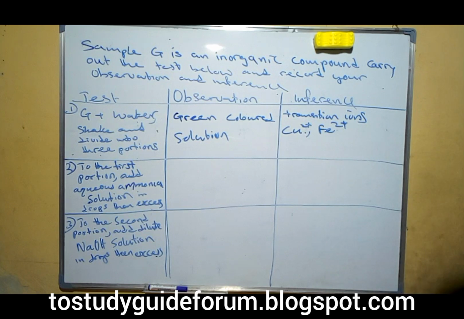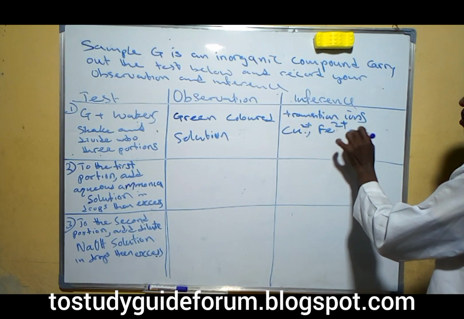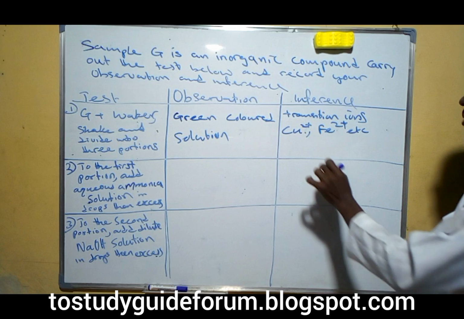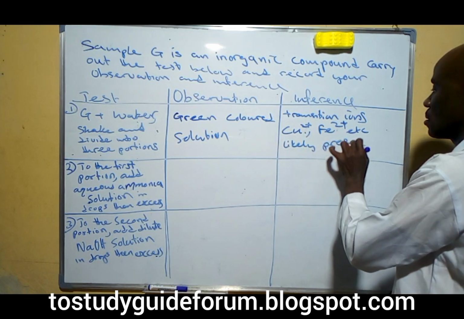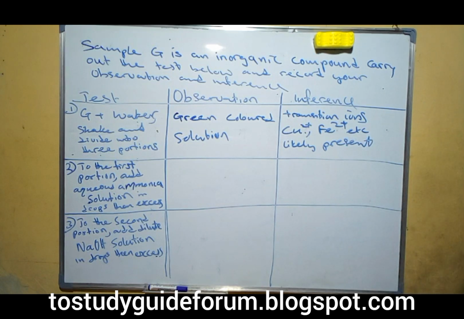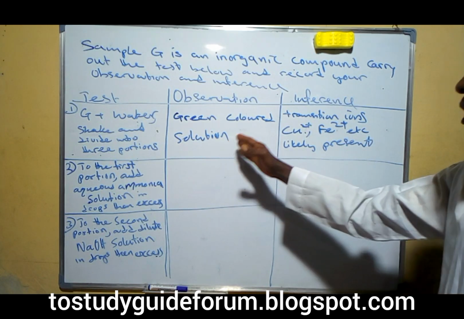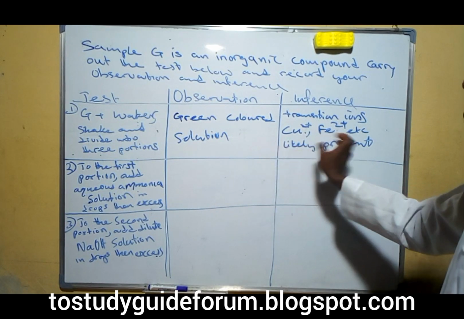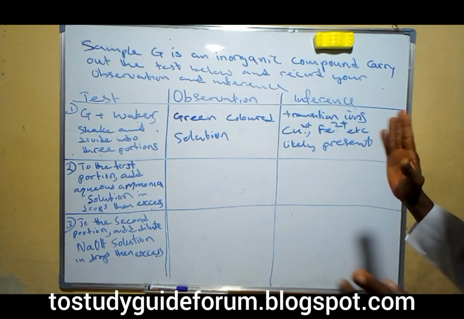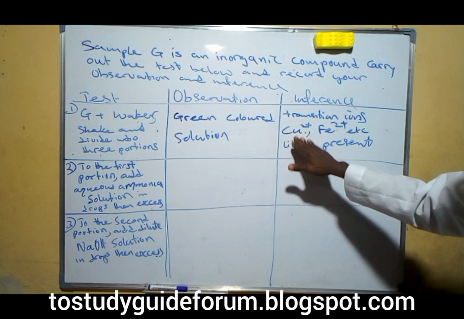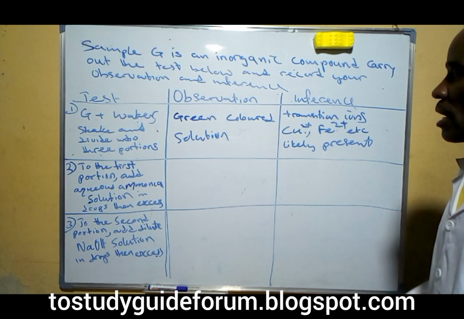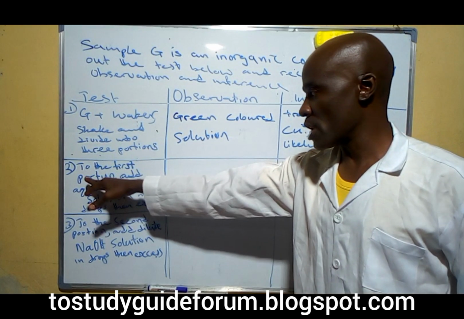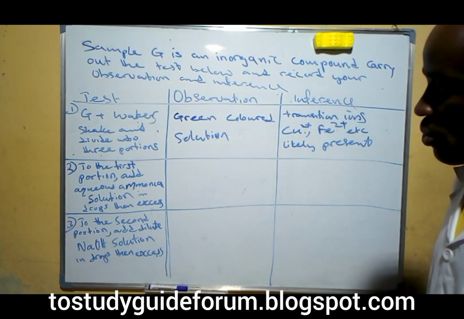They are likely present because we don't really know the ion that is there, but we know the ions that can give a green color in solution; the possible ones are copper ion and iron 2 ion and some other ones.